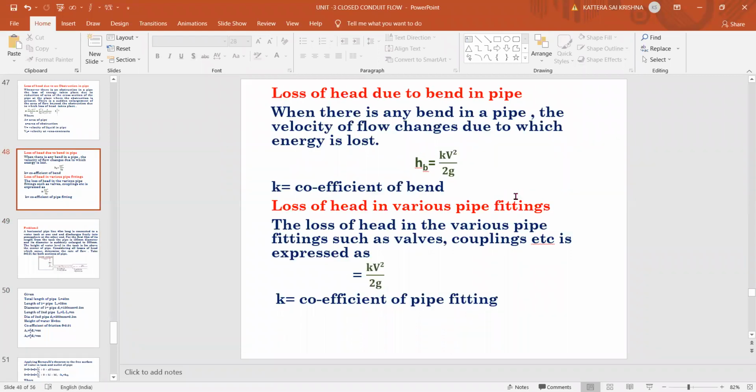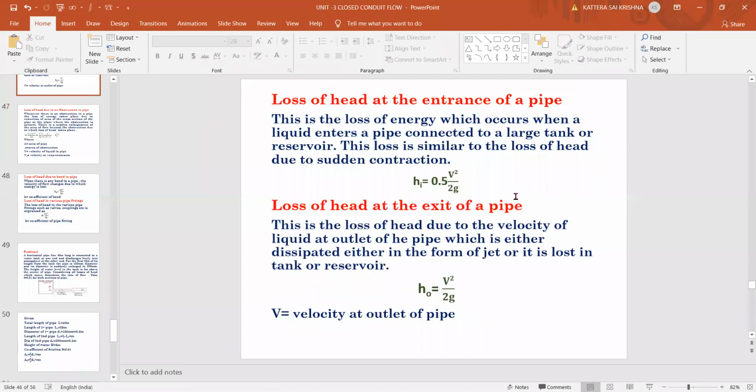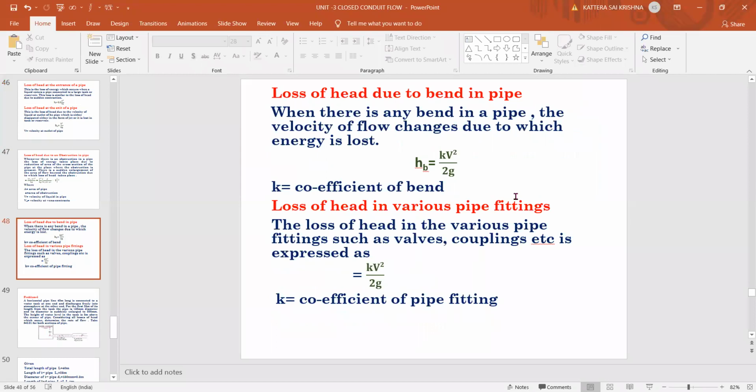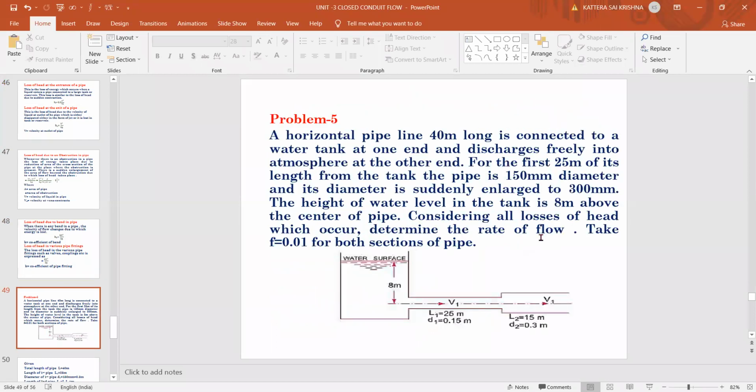Right. So now we'll take the problems on this. Okay. So we can copy this question. If you see this diagram, there is one tank which is connected to a pipe. When a pipe is connected to any tank, at the inlet there will be some loss, which is called loss of head at the inlet of the pipe.